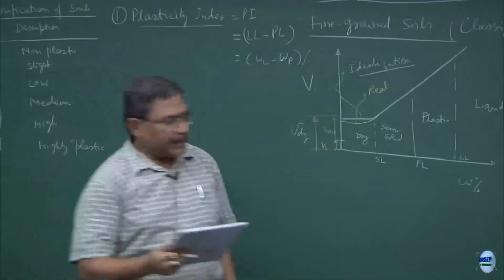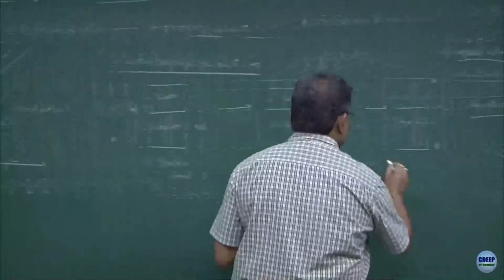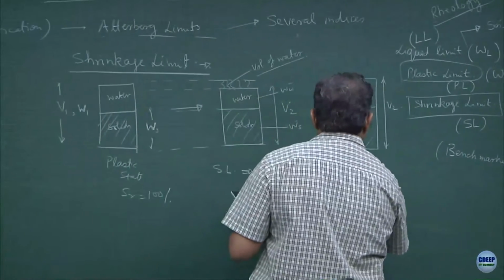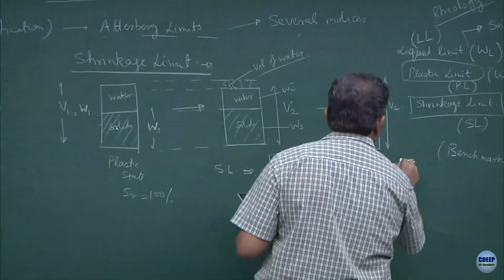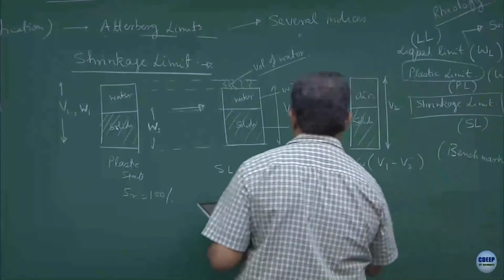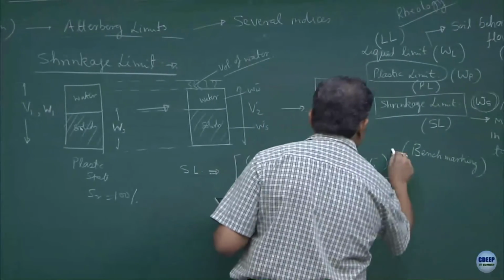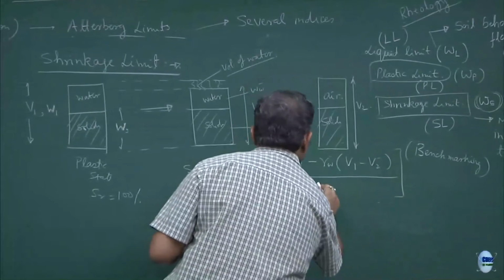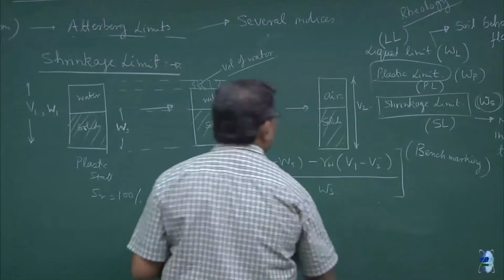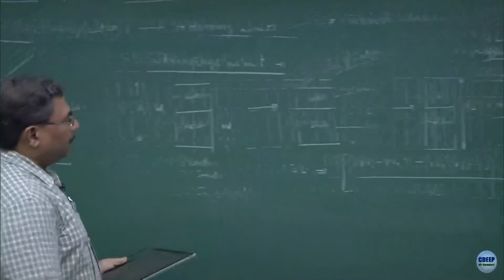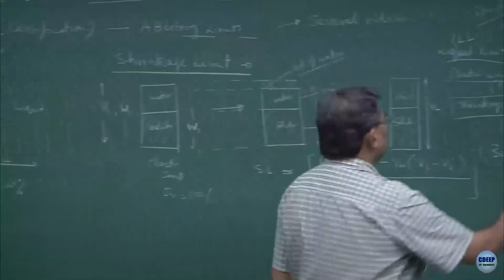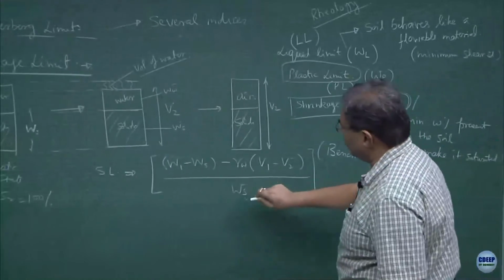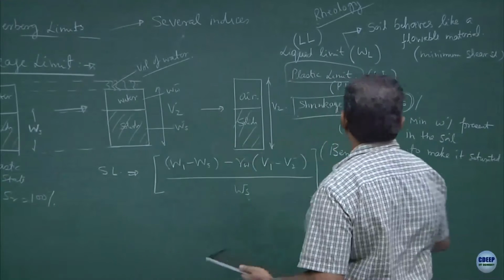So, we can write this as W1 minus Ws minus gamma W into V1 minus V2, divided by Ws. Please make sure that this Ws does not get reflected over here. This is the weight of the solids.